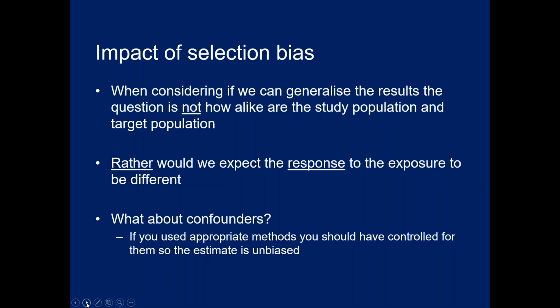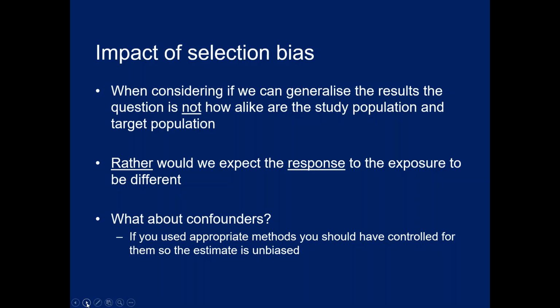Rather, it's would we expect the response to vary? Would we expect that the fundamentals of the process would be different between UK dogs undergoing orthopedics and New Zealand dogs undergoing orthopedics? And if your answer to that is, well, no, it's a biological process, we don't expect it to be different, then we could infer that the results can be applied.